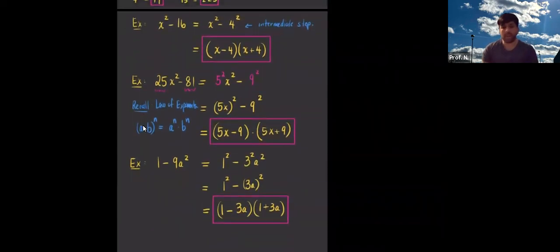So here are our examples: x squared minus 16, that's factored as x minus 4, x plus 4. 25x squared minus 81, that's factored into 5x minus 9 times 5x plus 9, and 1 minus 9a squared is factored into 1 minus 3a times 1 plus 3a.